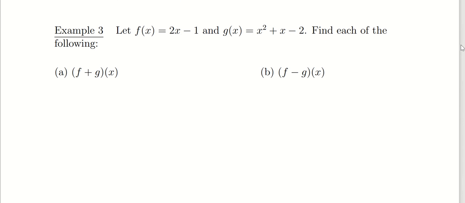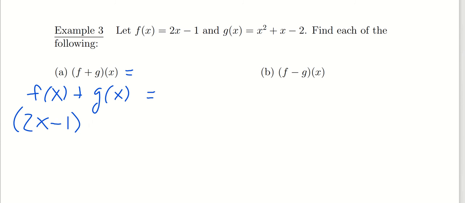Let's take a look at example 3. They give us two functions, f and g. In A, we were asked to find the function f plus g of x. By definition, this is taking the function f, adding to it the function g. So this is addition of functions. I don't need to put the parentheses here, but I'm going to just for illustrative purposes. We take the expression for f and add to it the expression for g.